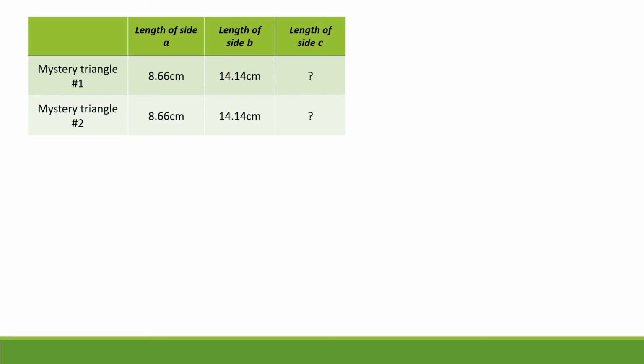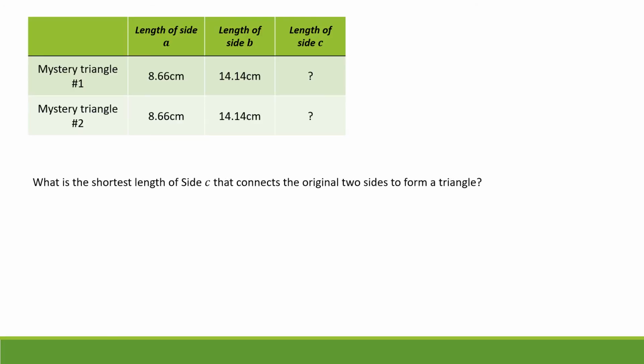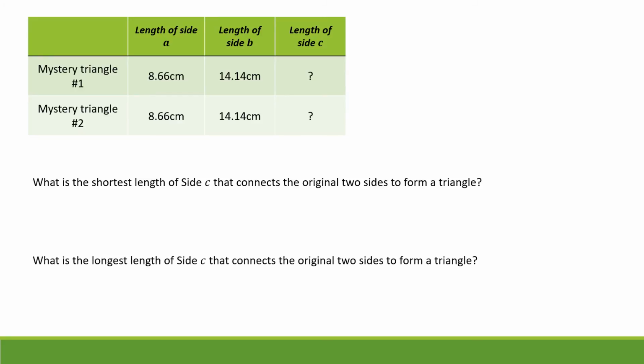I don't know the length of side C in this case. I can ask for mystery triangle number 1, what is the shortest possible length for side C that connects these two sides? I can also ask the longest possible C that connects these two sides to form a triangle.